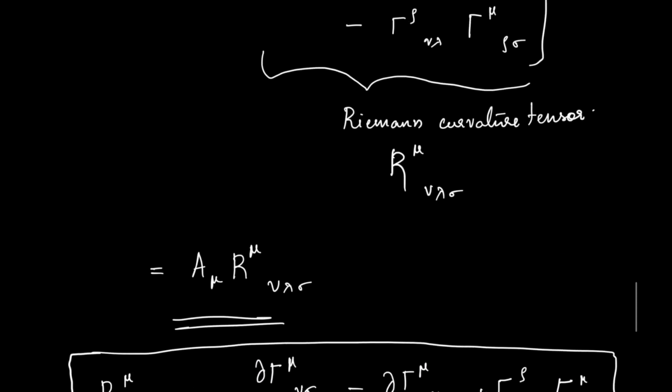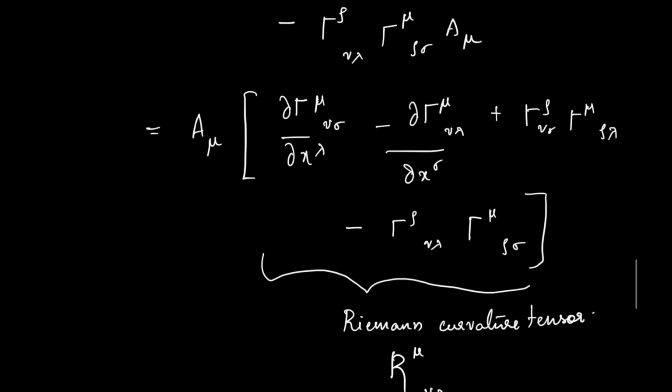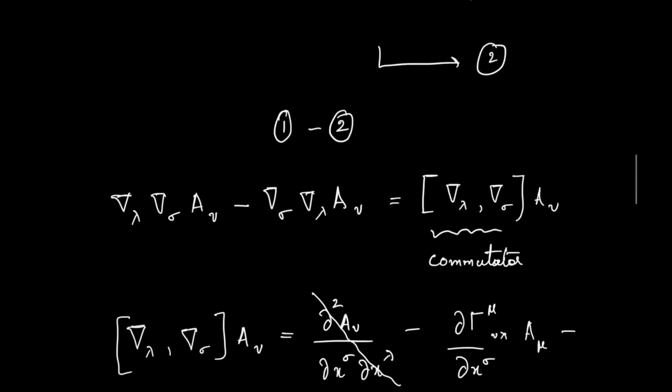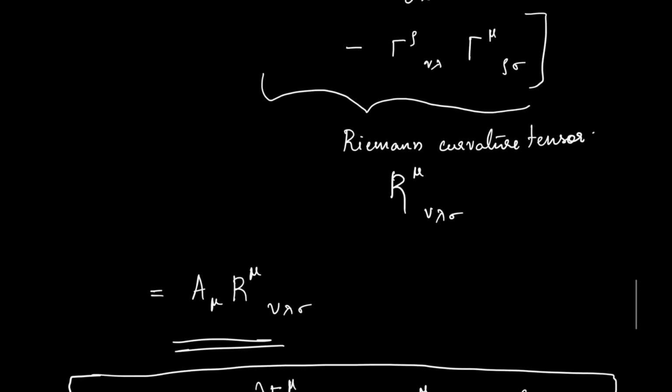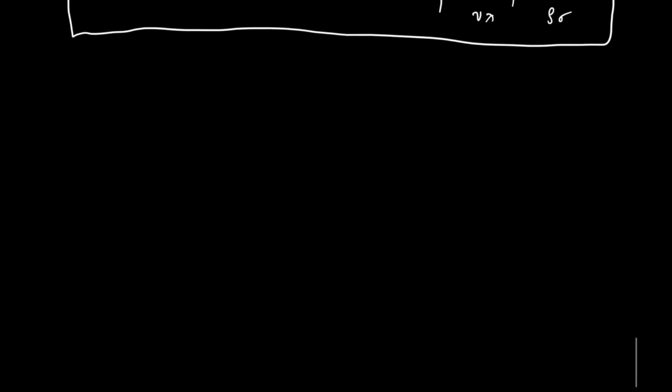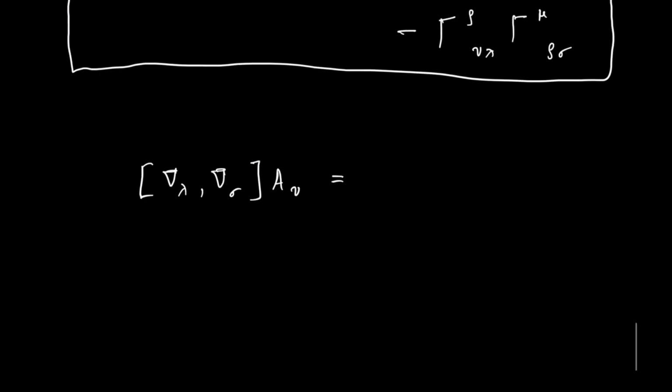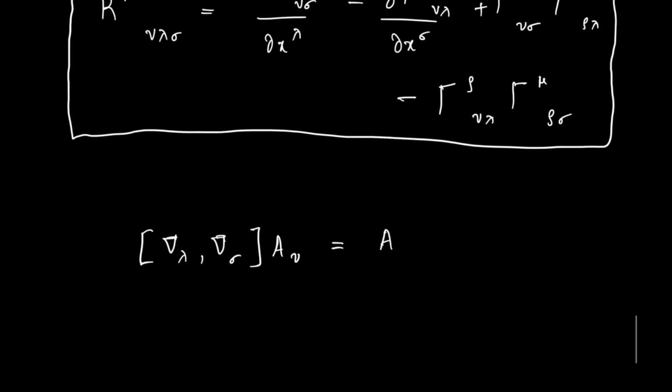Okay, so I have defined the Riemann curvature tensor from the commutator bracket of the two covariant differentiations. So I'll write it once again. The commutator bracket is equal to A mu R mu nu lambda sigma.